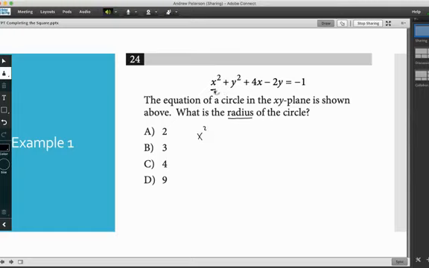I'm taking my x squared and my positive 4x and grouping them together, leaving a little room over to the right. We'll see why in just a second. I'm going to take my y terms, the positive y squared as well as my -2y, and group them together, again leaving a little room over to the right. All right, make it equal to -1.